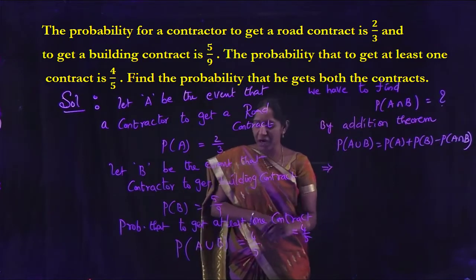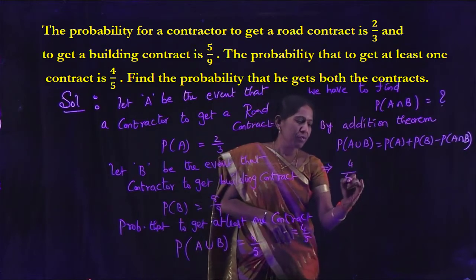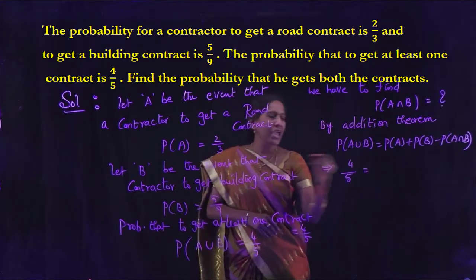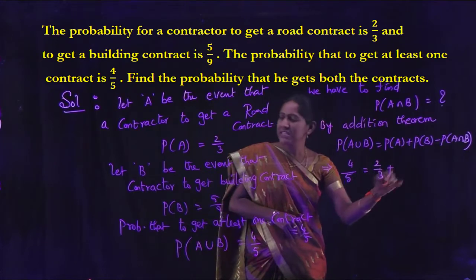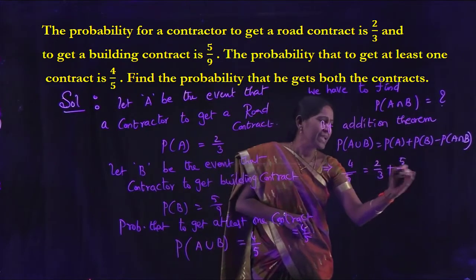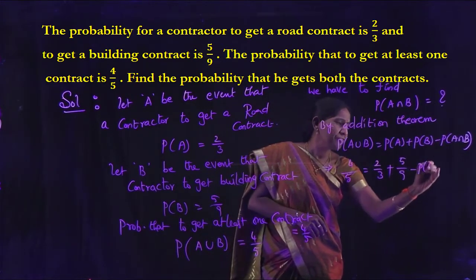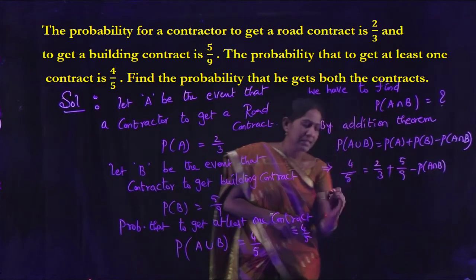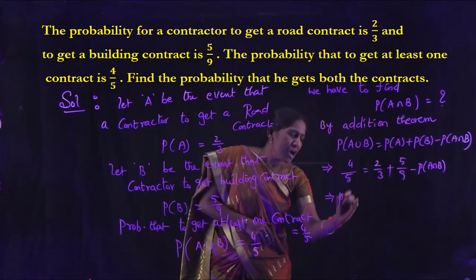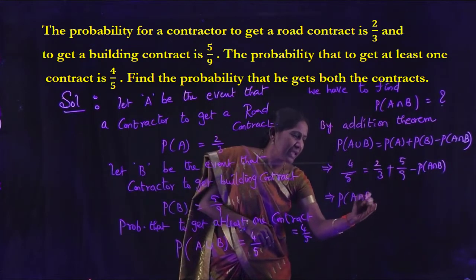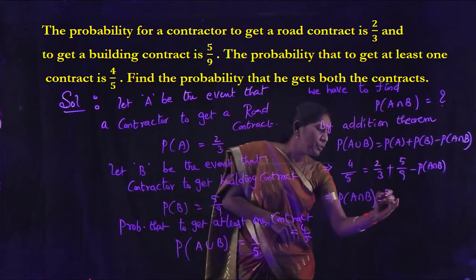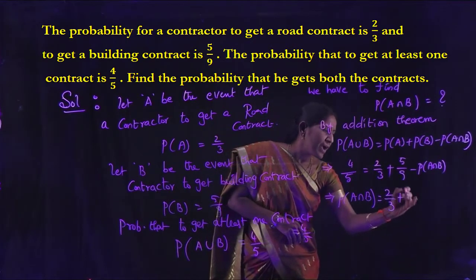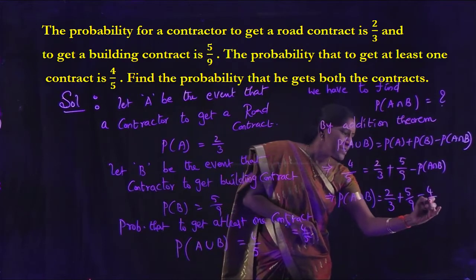We have P of A union B is 4 by 5, P of A 2 by 3 plus P of B 5 by 9 minus P of A intersection B. This implies P of A intersection B equal to 2 by 3 plus 5 by 9 minus 4 by 5.